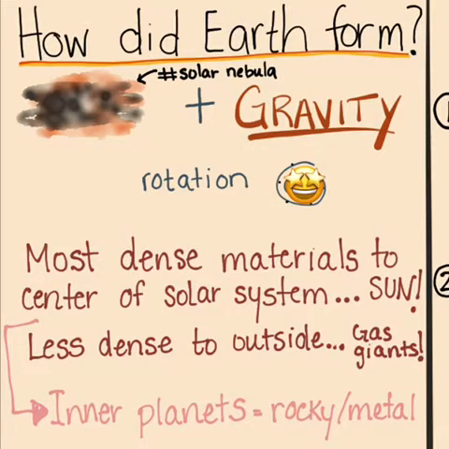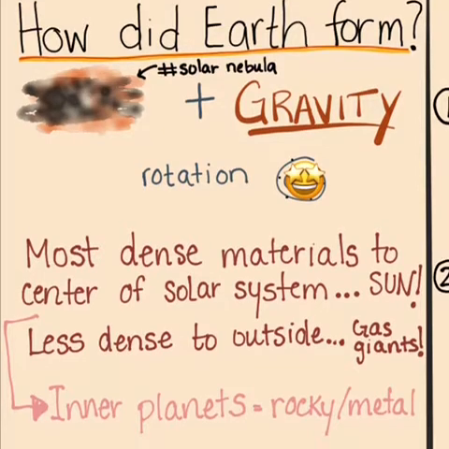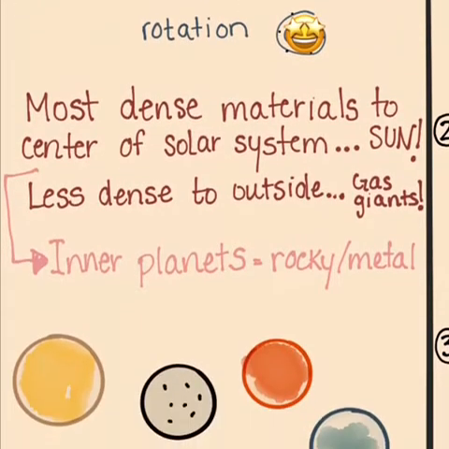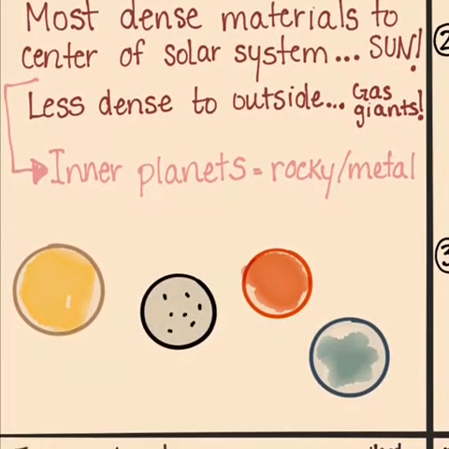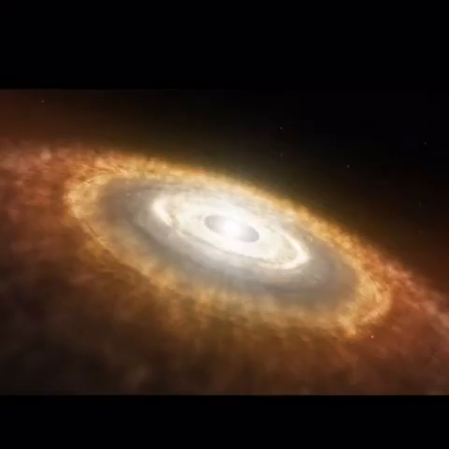The less dense materials moved to the outside of the solar system, and those would be the gas giants. But along with Earth, the inner planets created these rocky planets that were composed of rock and metals. So while our solar system was forming billions of years ago, so was Earth, all through a process of differentiation and gravitational pull, bringing materials together.